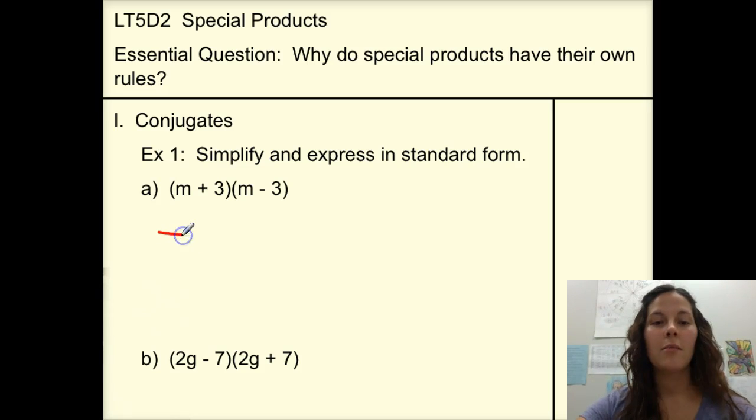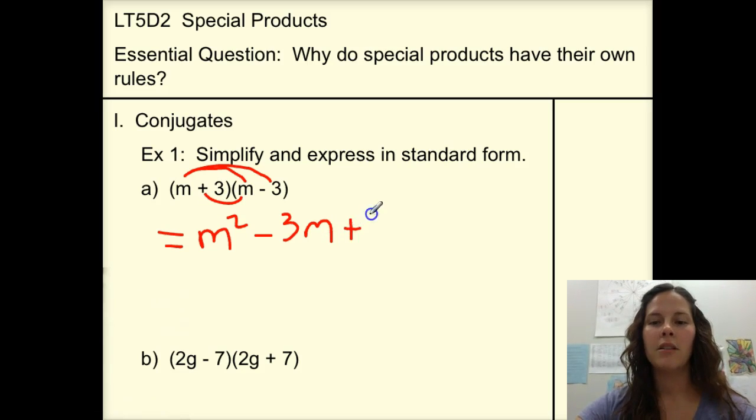We're going to start by multiplying these just like we learned to do with our regular binomials, and we're going to see what happens. So m times m gives us m squared. We have m times negative 3, which is negative 3m. Distributing our positive 3 to the m, now we have a positive 3m.